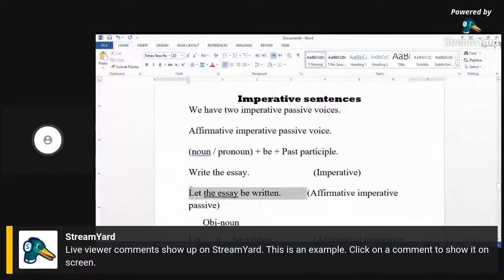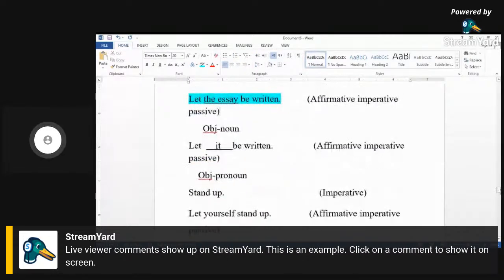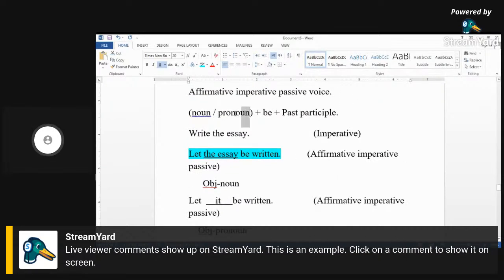So what do we use here? We use let. Let the essay be written. We can also use the object pronoun, as you saw in the first sentence. In the first sentence, we can have a noun or a pronoun.